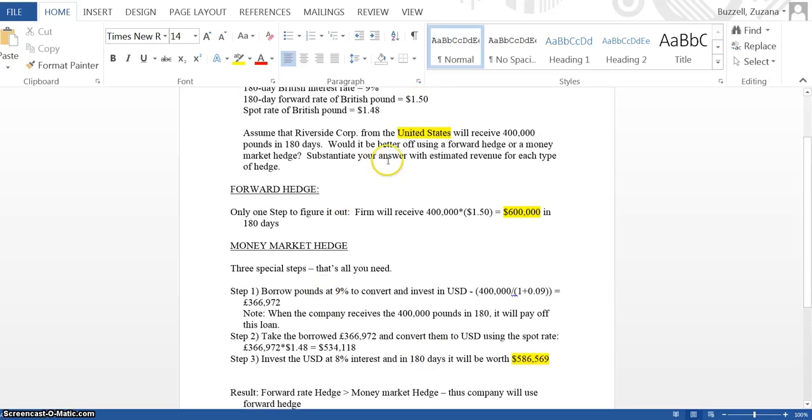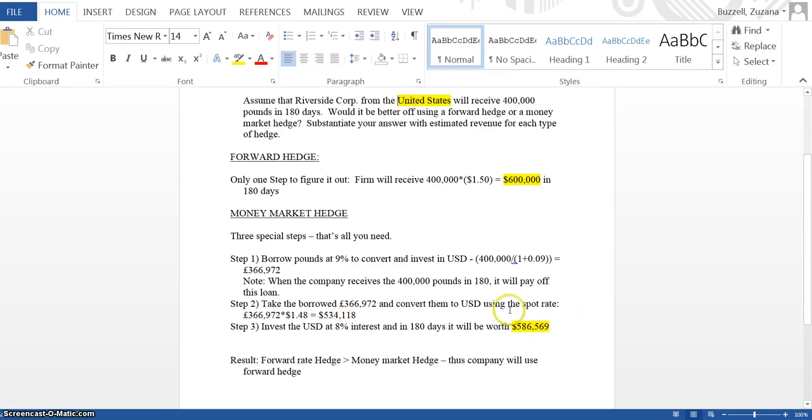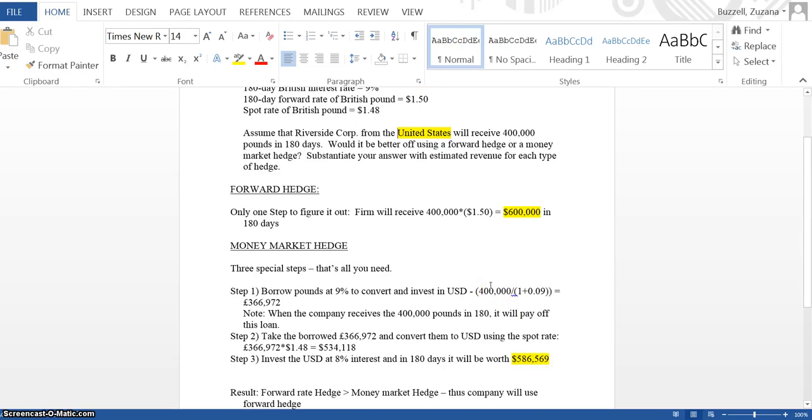So if this is the United States, you will transfer it into USD, and then invest it at the local rate where the company is located, and see how much it is going to net you at the end of the period that you're hedging for. Hope this made it clear and a little bit more straightforward when you're calculating your problems.